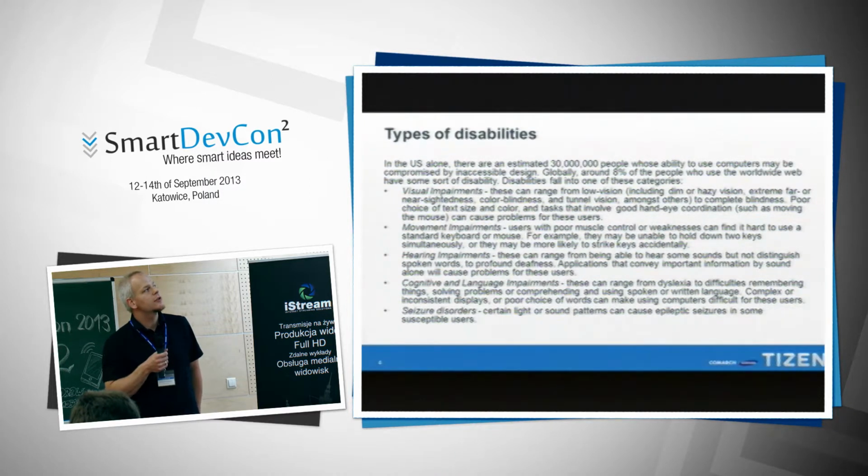Here is a list of disabilities that can be spotted: visual impairments, movement impairments, hearing impairments, cognitive and language impairments, and seizure disorders. All of them are treated as disabilities and come into the group of the term of accessibility.